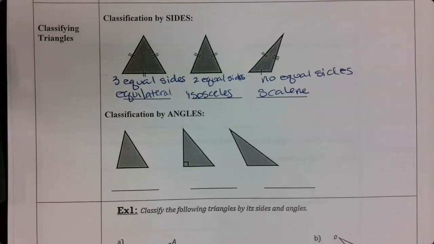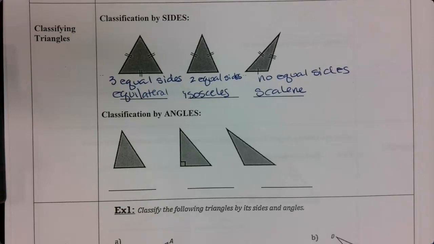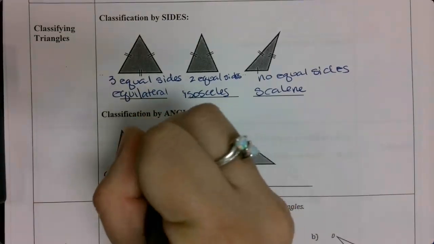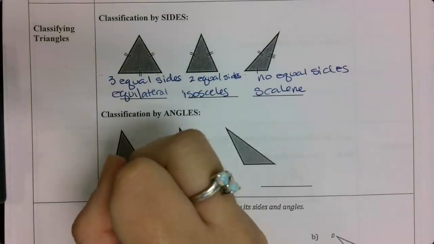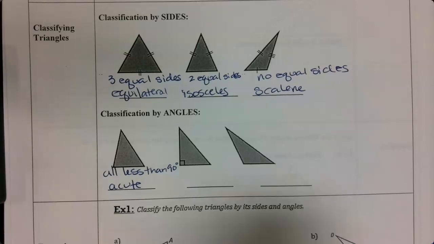The next one is to classify by angles. So this one has all of my angles less than 90. So this one is called acute. The next one has a 90-degree angle.